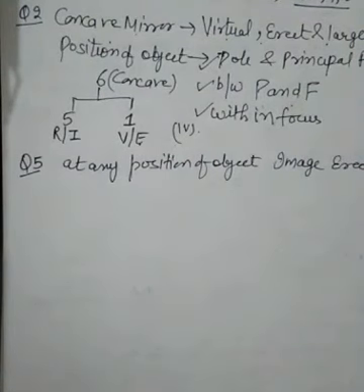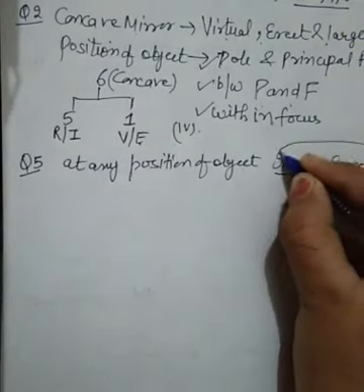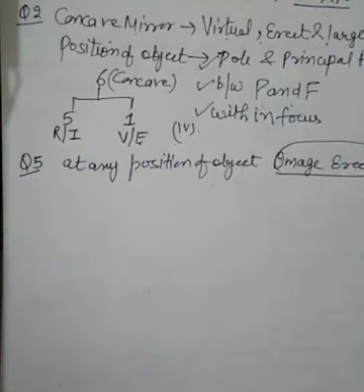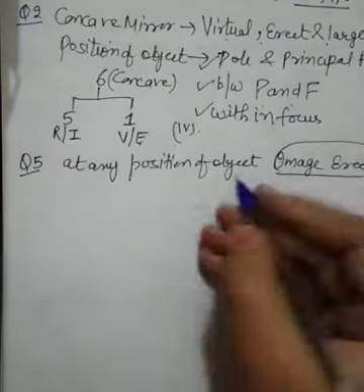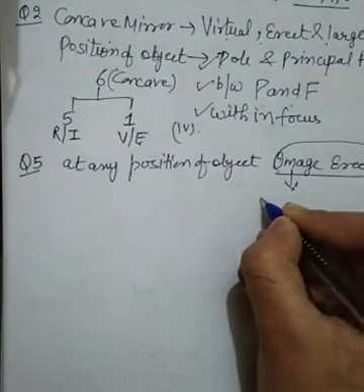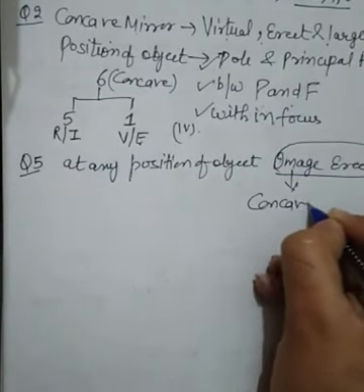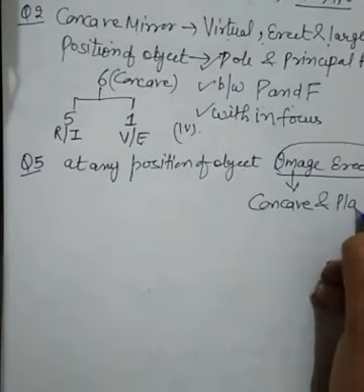We have to find out which mirror can produce an erect image for any position of the object. The object can be positioned anywhere, but it must produce a virtual and erect image.